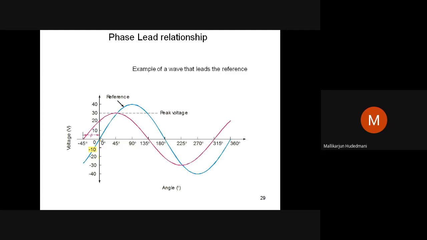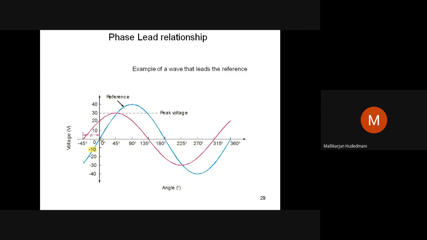That is called lagging. In case of a capacitive circuit, current leads ahead of the voltage. Therefore, these three basic wave phase differences must be remembered by us.